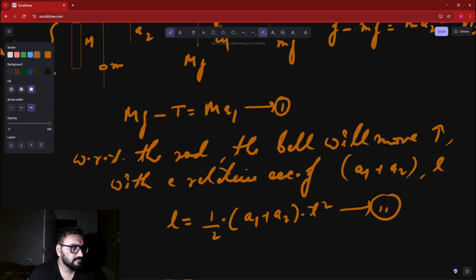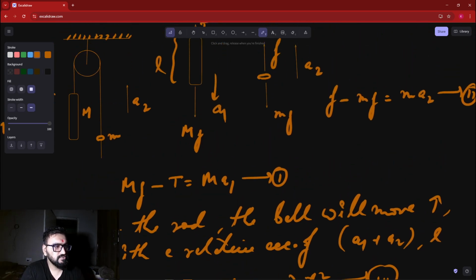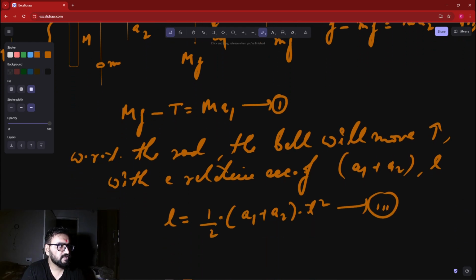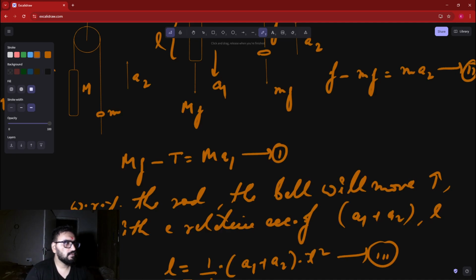Alright, so I have one equation, this is my second equation, and this is my third equation. Okay, by the way, will this F and T be the same? It will be the same. Okay, why?